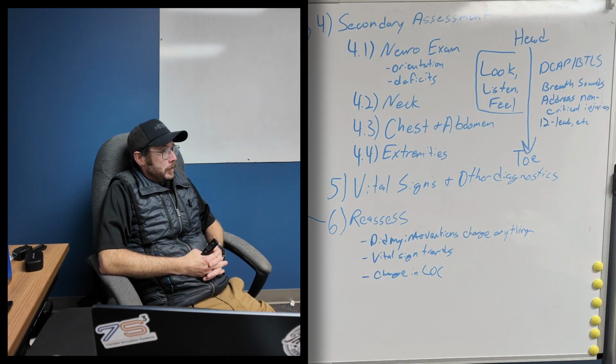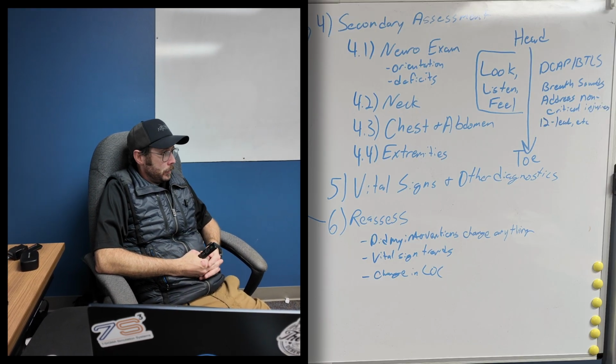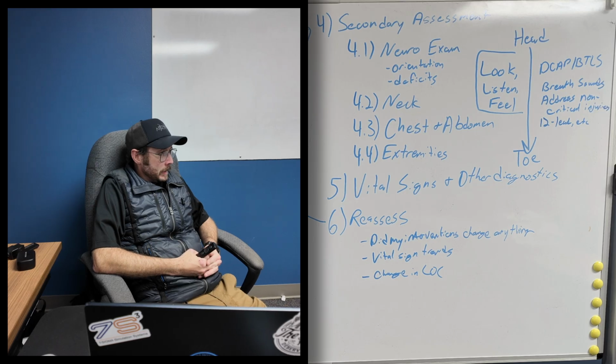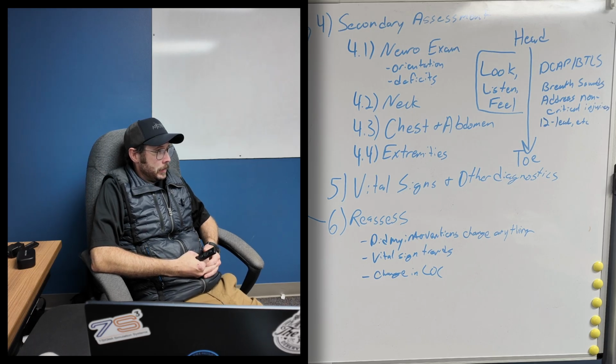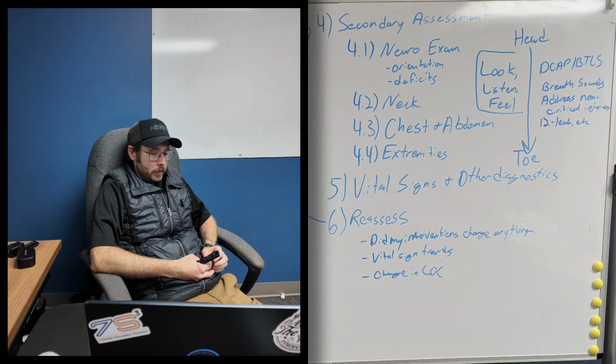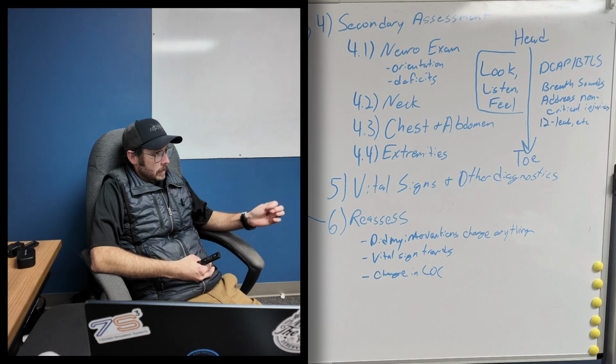What if we've got this patient who's got some audible wheezing, breathing like 30 times a minute, and you could hear substantial wheezing even without a stethoscope. On your reassessment, 10 minutes in, you've given a bronchodilator, started an IV, did a 12 lead, got them on all of your monitoring equipment.